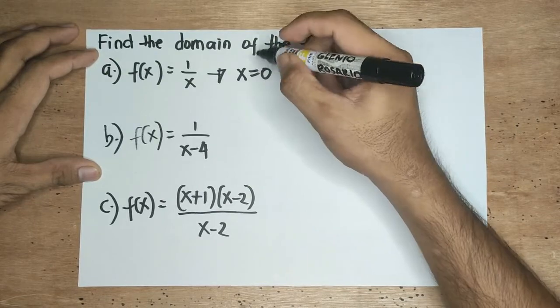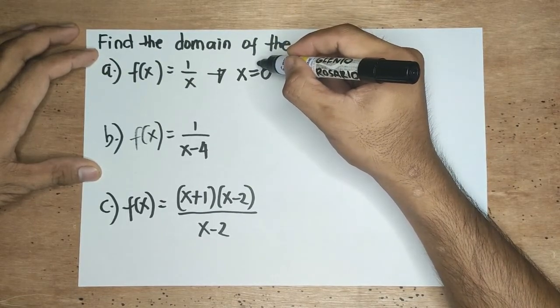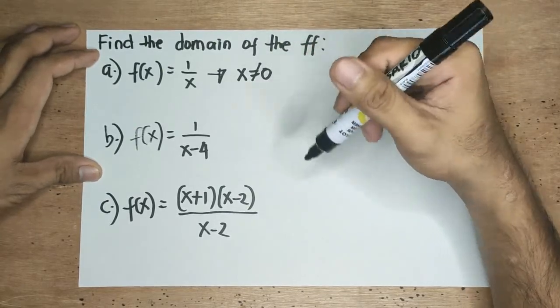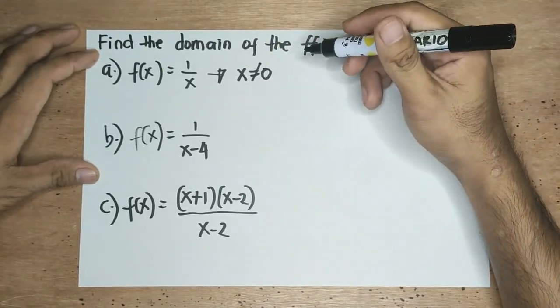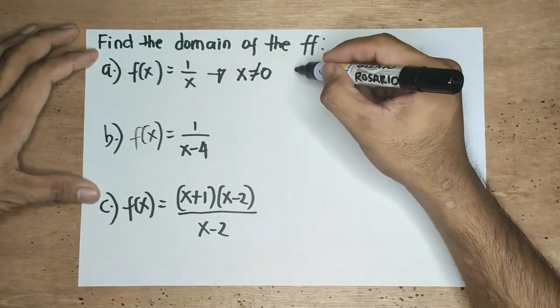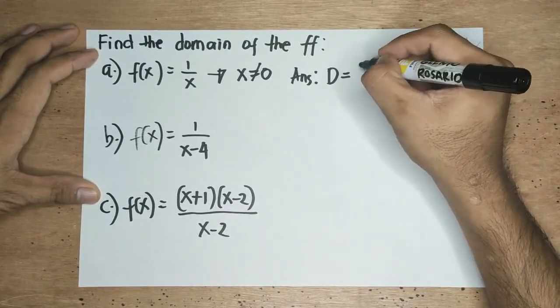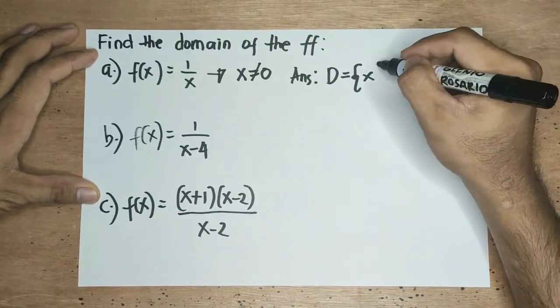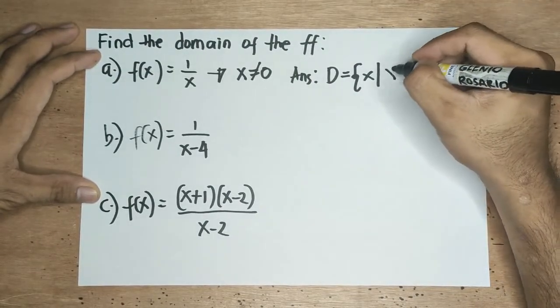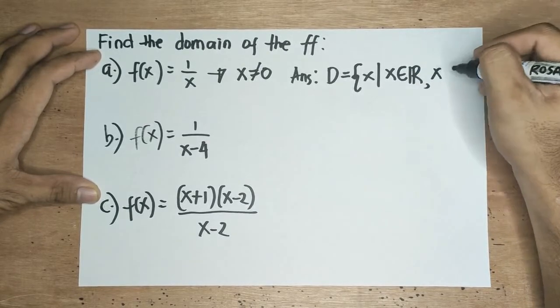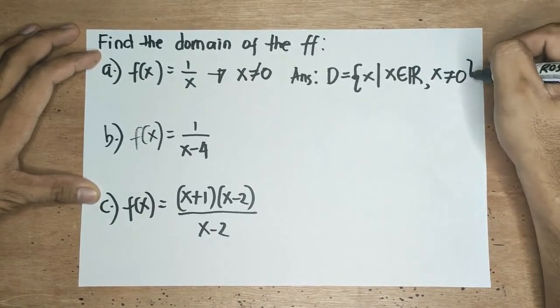So, ibig sabihin, ito ngayon yung hindi natin isasama, yung hindi natin ilalagay, hindi natin i-include sa allowable values ni x. So, therefore, our domain will be, the domain D is the set of all x's such that x is an element of real numbers and x is not equal to 0.